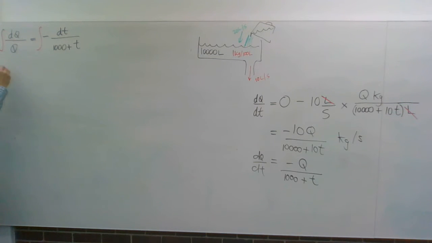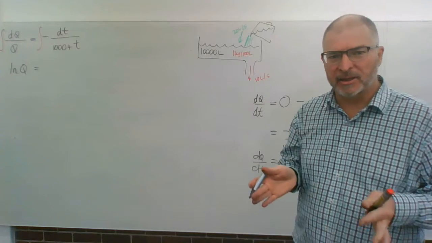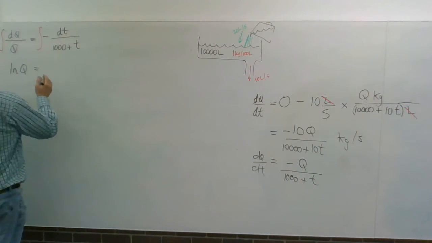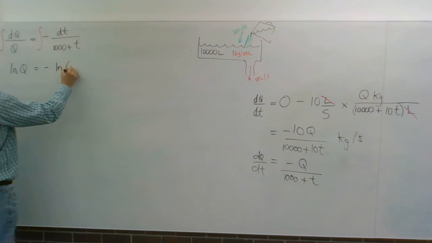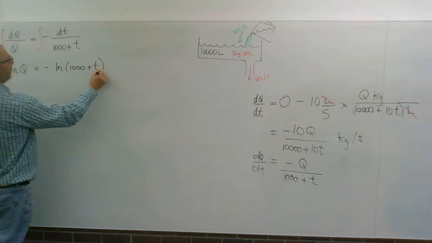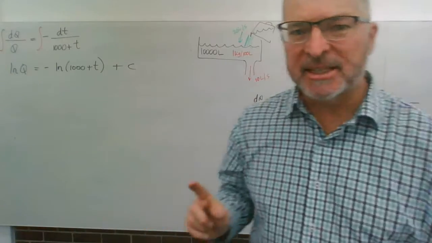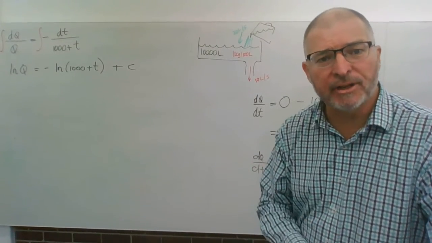So I end up with the natural log of Q. Look, this quantity is always positive, so I'm not worrying about the absolute values in these questions with my logarithms. Okay, and then this one here is minus the natural log of 1,000 plus t and plus C. Now, at the start, the amount that I said was 100 kilos.